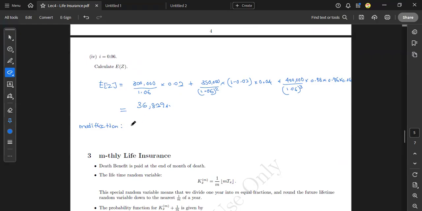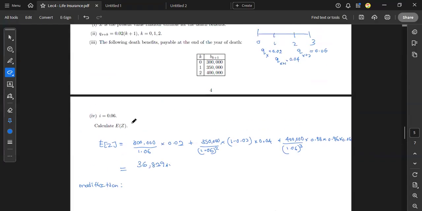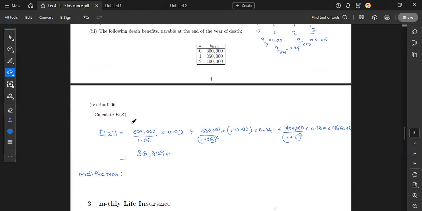And suppose I do another modification. For this term life, I add a pure endowment of, let's say, 400,000.